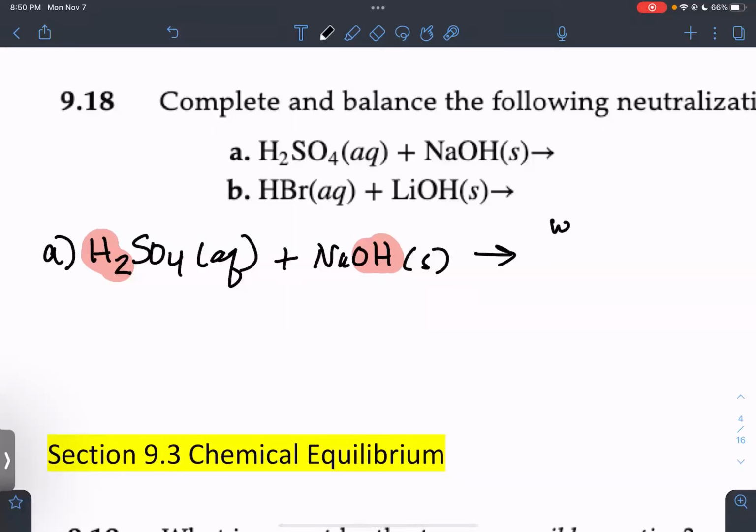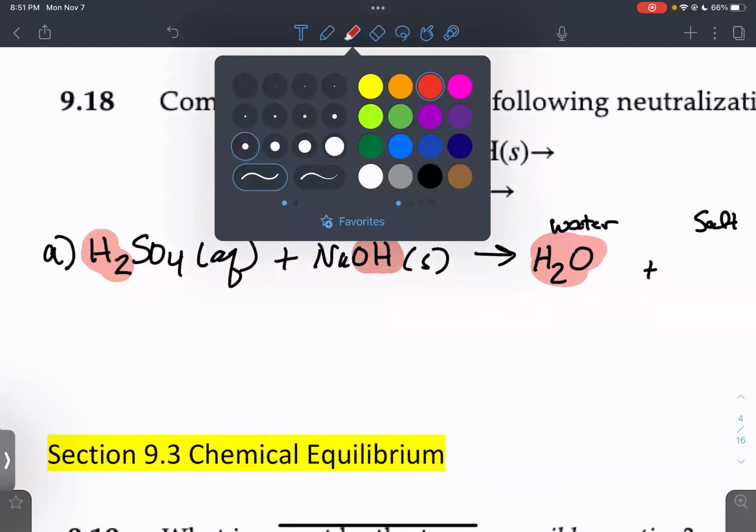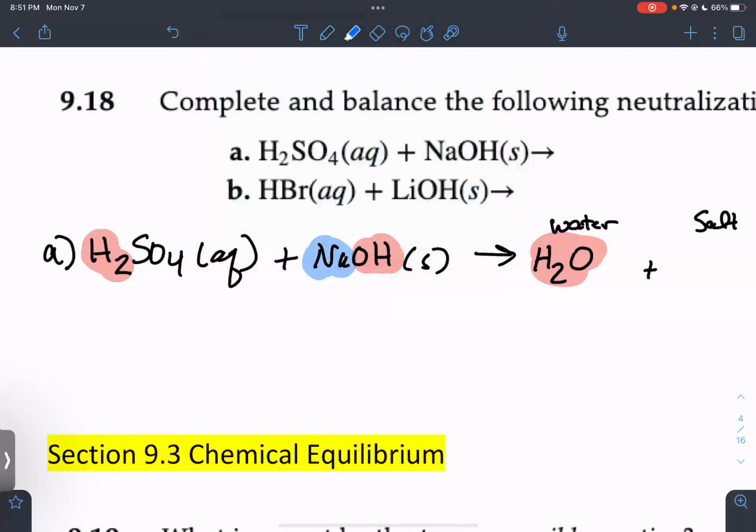So we said we're going to make water and we're going to make a salt. Our water is going to be H2O, and that's where my hydrogens and my oxygens went. And then what do I have left? I have an Na, and then I have an SO4. Na should be a +1, and then SO4, just remember you're putting positives and negatives, what's the charge on SO4?